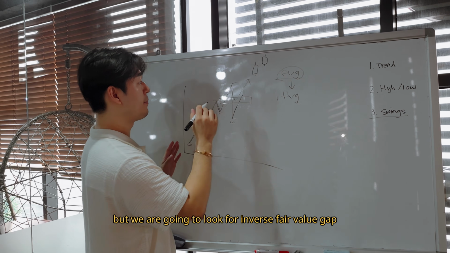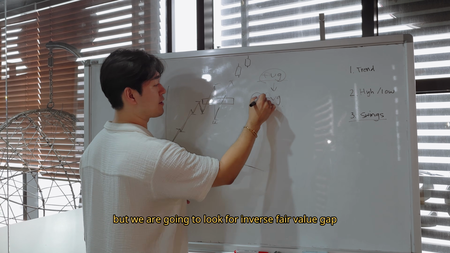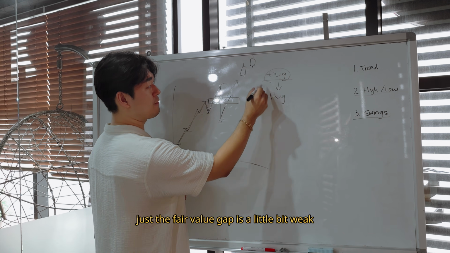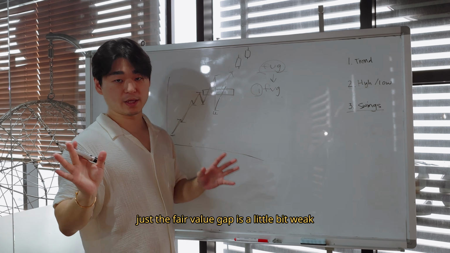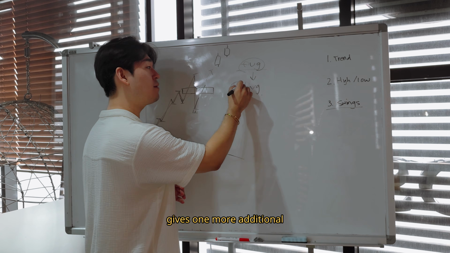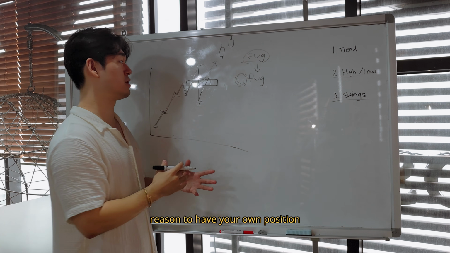But we are going to look for inverse fair value gap, because for me, just the fair value gap is a little bit weak. Inverse fair value gap gives one more additional reason to have your own position.